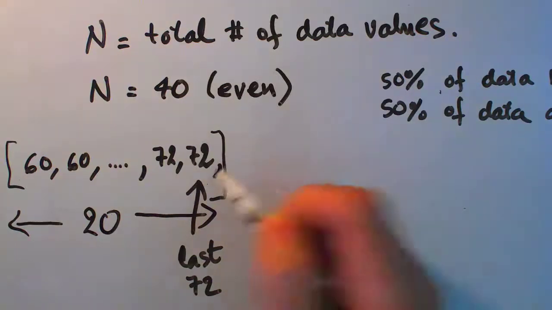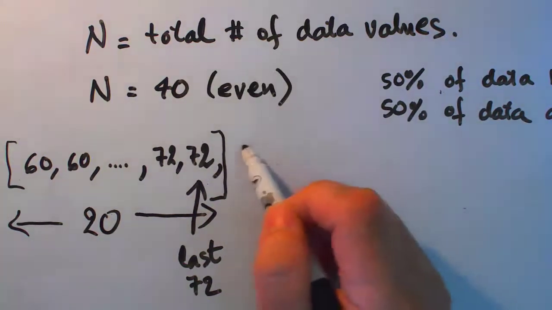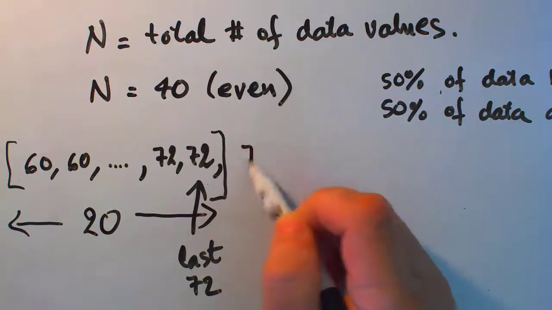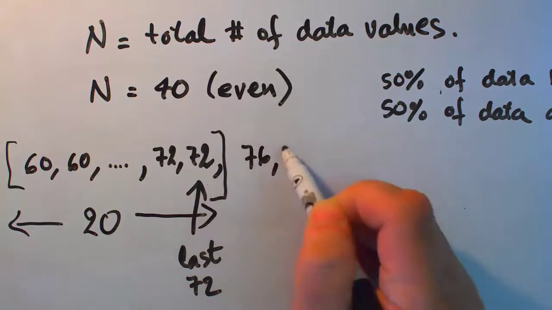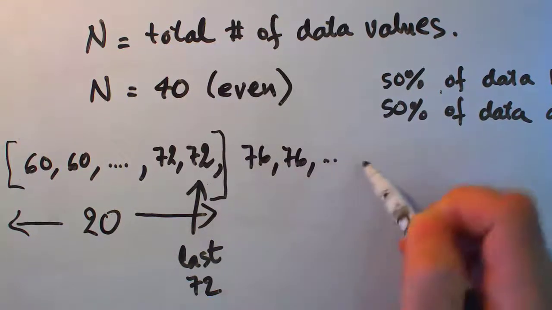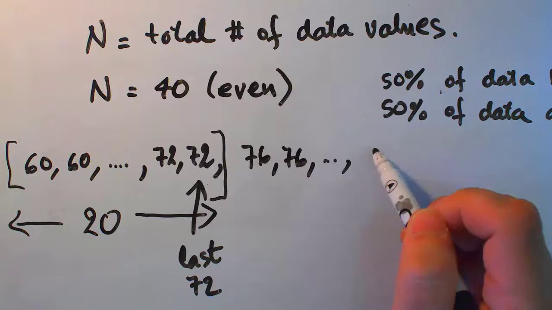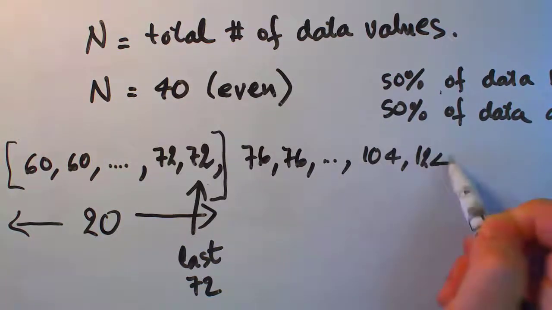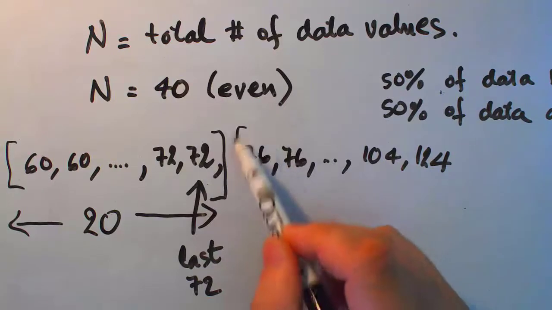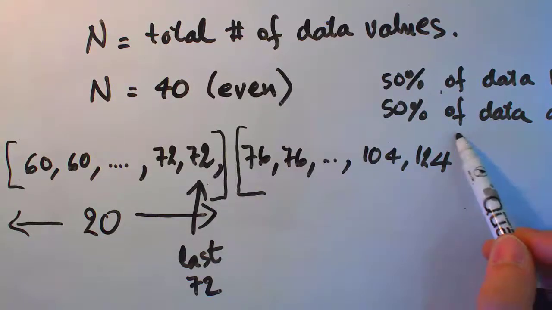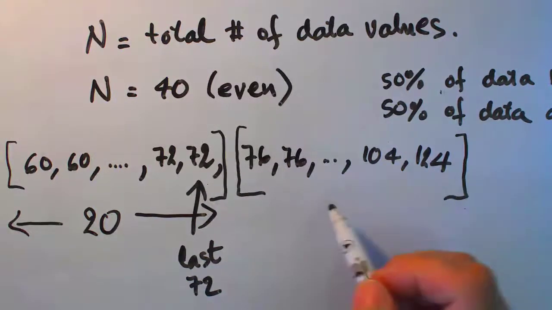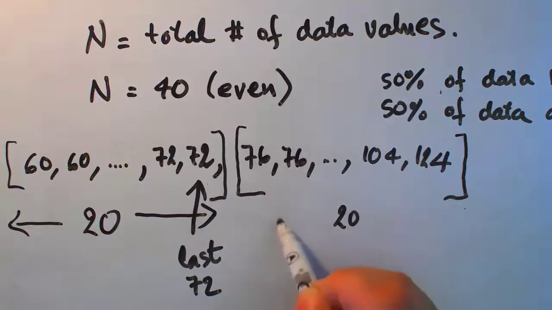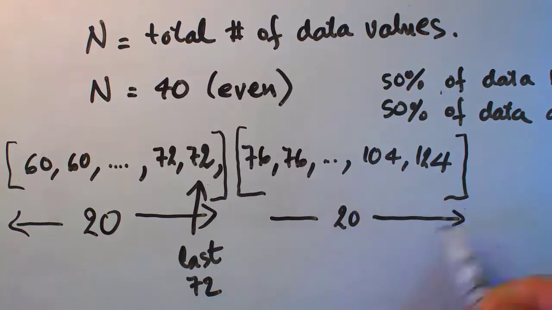After that 72, the next one in your data would be 76, and it repeats a few, and then it ends with the 104 and the 124. These other values are the other 20 pieces of data that stay above our cut.